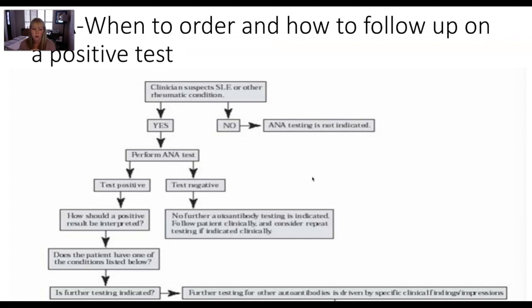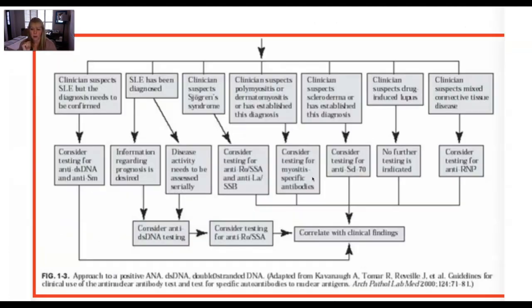If you don't suspect it, you're not going to get the ANA testing. If you do, you're going to perform it. And if it's negative, then no further autoantibody testing is indicated. You're just going to follow that patient, and if the symptoms get worse, you may want to repeat it. If it's positive, then that's when you go to further testing, and this is where the algorithm goes.